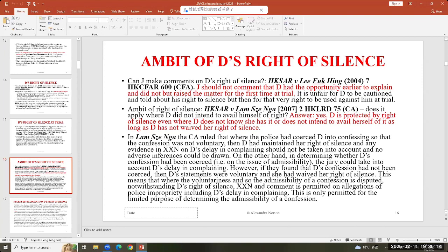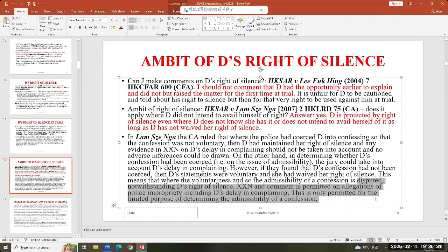Because that's just a question that is going to the admissibility of his confession. So it's this last bit that's important. Notwithstanding the right of silence, cross-examination and comment is permitted on allegations of police impropriety, like threats, beating, etc., including the delay in complaining, but only for the purpose of determining the admissibility of a confession.